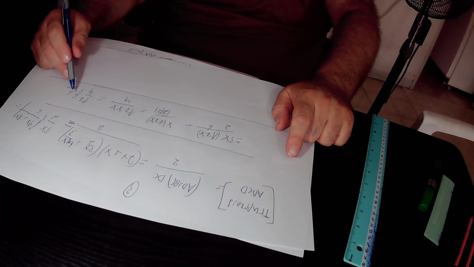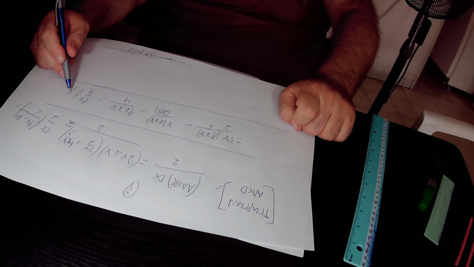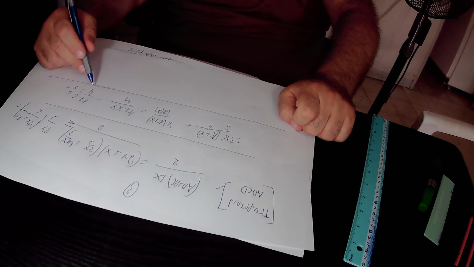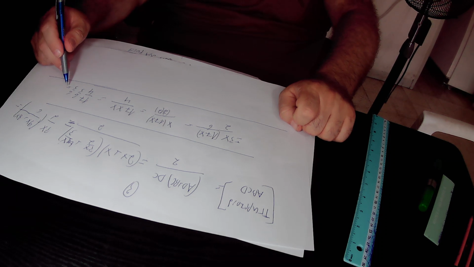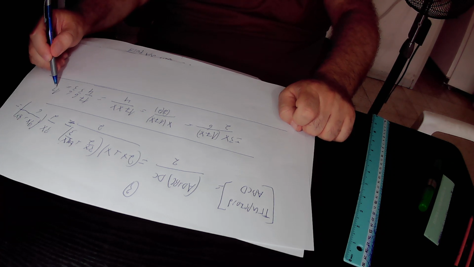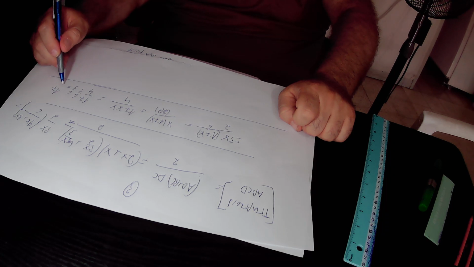So 6 times 6 is 36, and 36 over 4 is 9. So we substitute 6 times 6 over 4 by 9, and we get that the area of trapezoid ABCD equals 17 times 9 over, in the denominator, 5 times 5, that is 25.